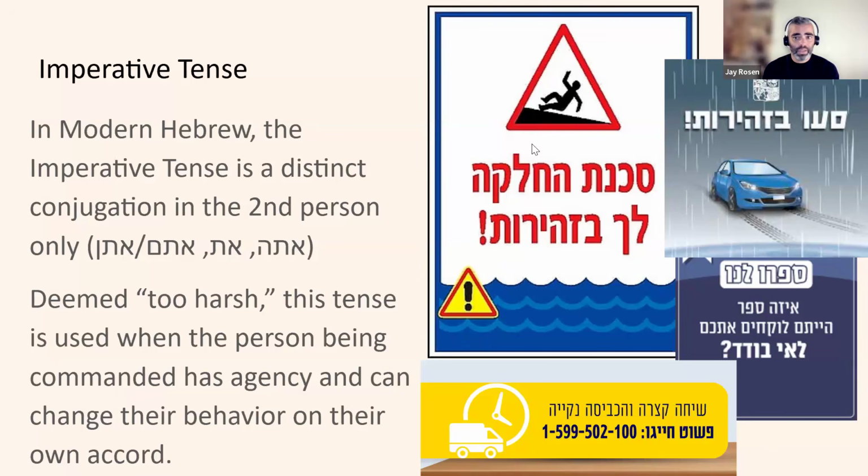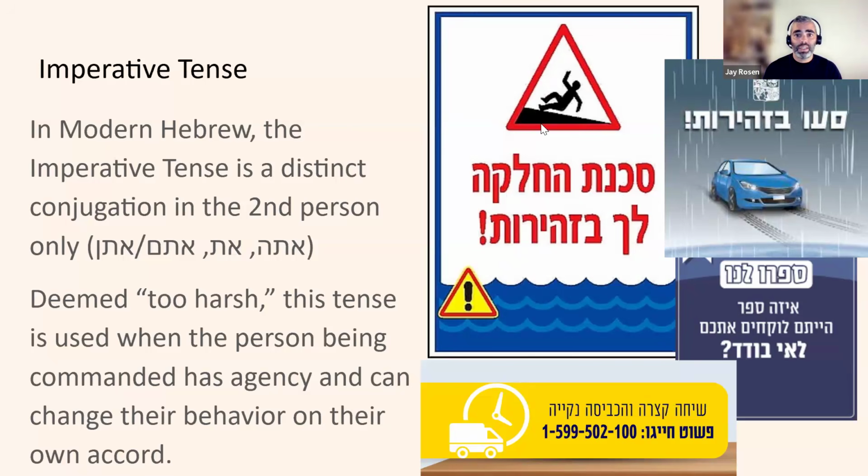First, at the top left, sakanat hachlaka lech bezehirut. First off, like a lot of signage, it is going to be in the imperative or in some form of a command. In this case, this one's in the imperative tense. And you can tell by the picture at the top, that red triangle. There's a whole series of emergency insignia, logos that are used around the world to indicate something regardless of what language they're used in.